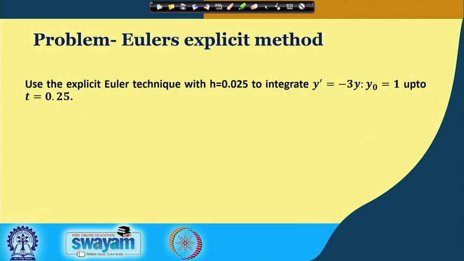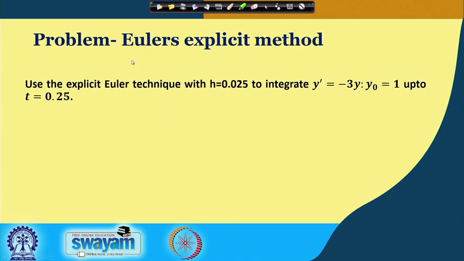So, in this lecture I shall be dealing with only a few of the numerical techniques which are used to solve differential equations and which are very commonly used in the domain of this process analysis.